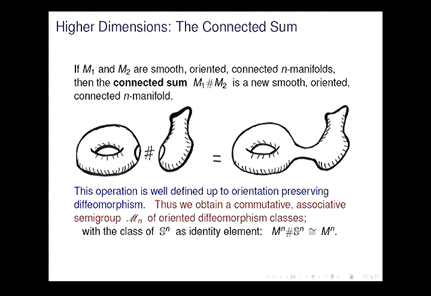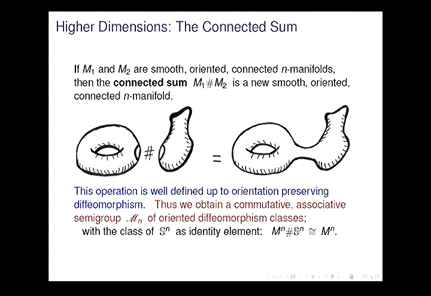So you describe this by saying that the set of all oriented diffeomorphism classes forms a commutative associative semigroup. You know how to add them. You know the addition is commutative and associative. And it also has an identity element.